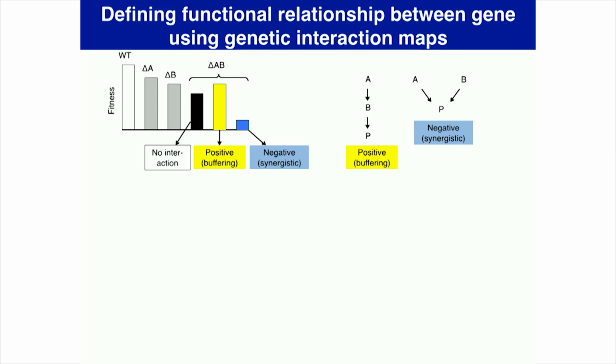And the negative or synergistic is when you have two different processes that contribute to some essential function, so that you can limp by without either A or B, at least in the laboratory, but you can't survive without both. And I bring this up because these rare genetic interactions are indicative of very specific functional relationships between the genes.